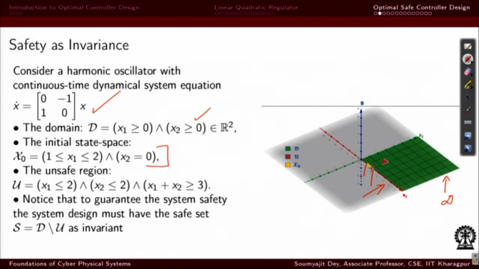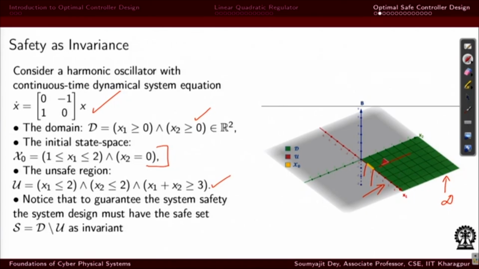Then we say that we have an unsafe region in the state space, and that unsafe region is given by this set of linear inequalities here. So, let us figure out what the unsafe regions are. The unsafe region is x1 less than or equal to 2, so x1 in this direction is less than or equal to 2.